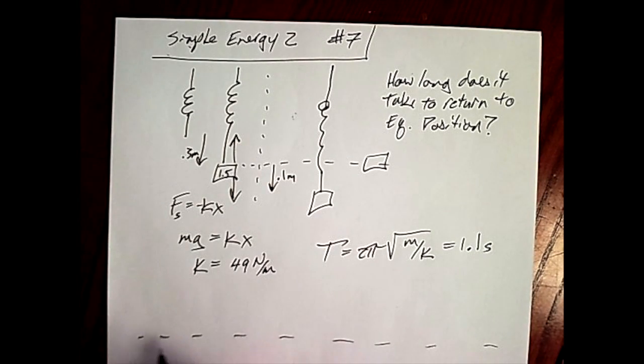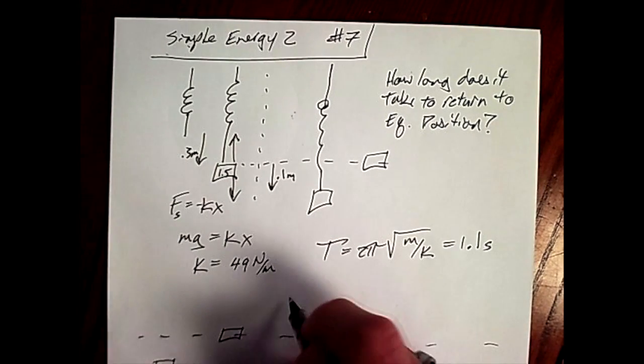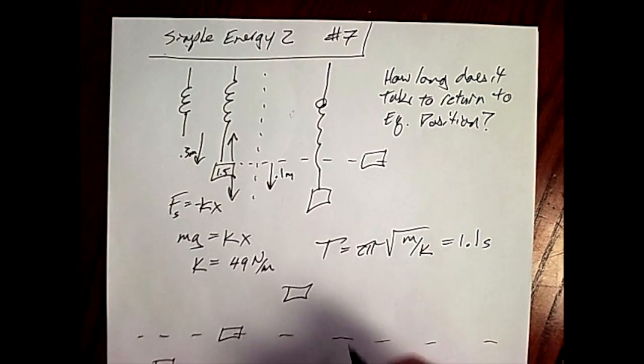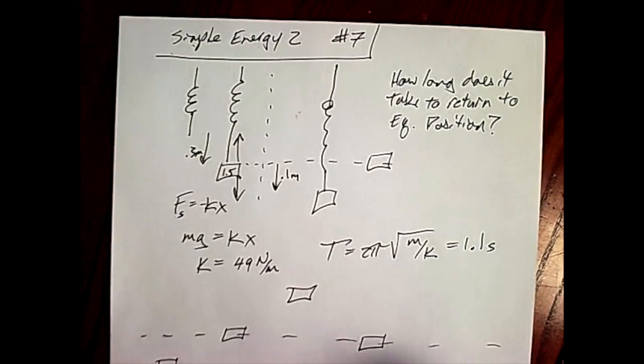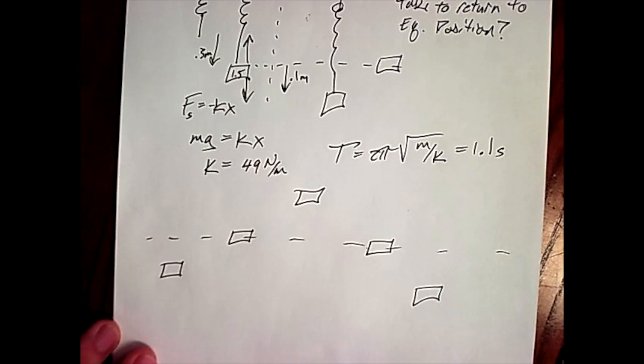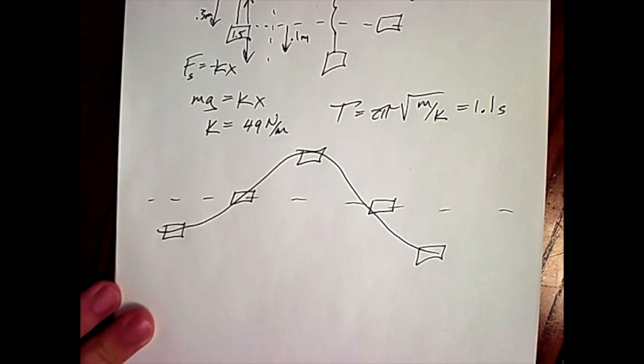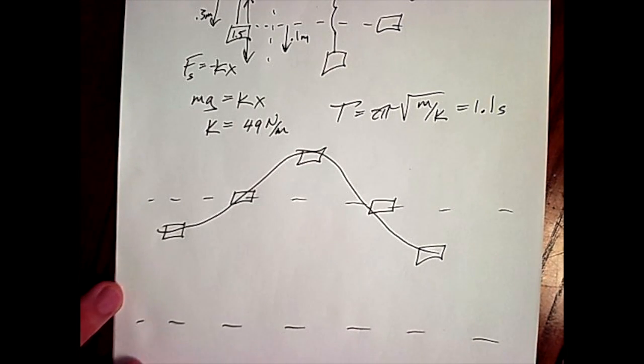If this is the equilibrium position, I started here, I go back to the equilibrium position, I go to the maximum value, back down to the equilibrium position, sorry, and then back down to where I started. This is a complete wavelength, which is one complete cycle. So it's analogous to waves.